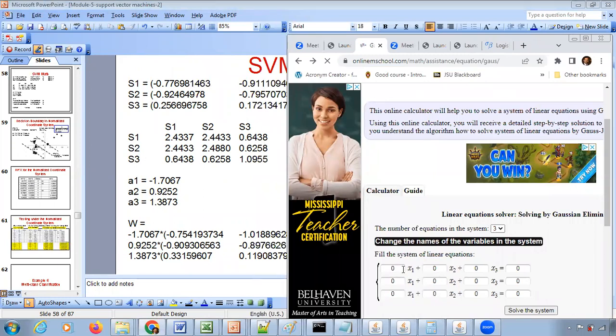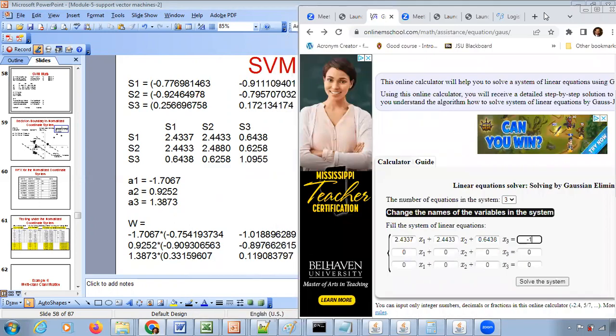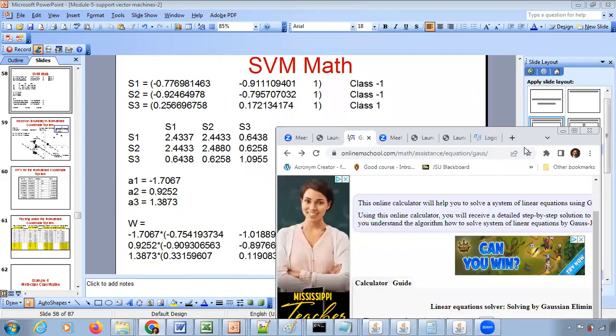So we have 2.4337 times A1, plus 2.443 times A2, plus 0.6438 times A3. The class of S1 is -1. And then this is 2.4433 A1, 2.4880 A2, 0.6258 A3, and S2 is also -1 class.